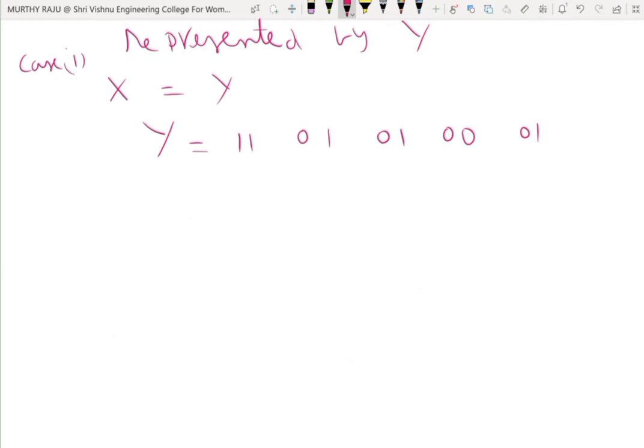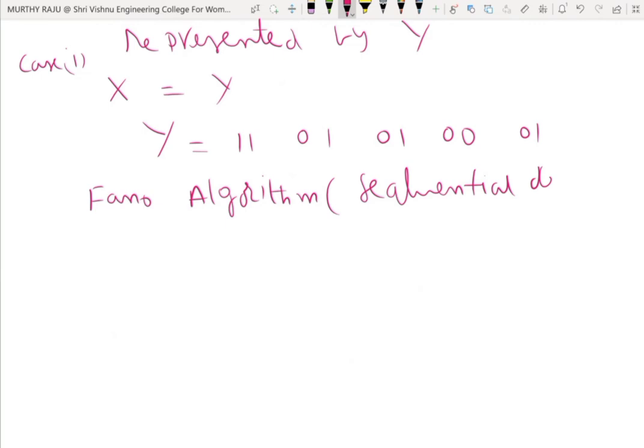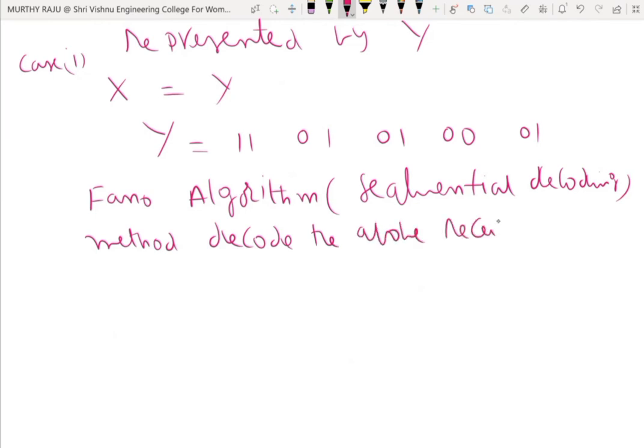Decode this received sequence by using the code tree again, by using the Fano algorithm or sequential decoding method. Decode the above received information.